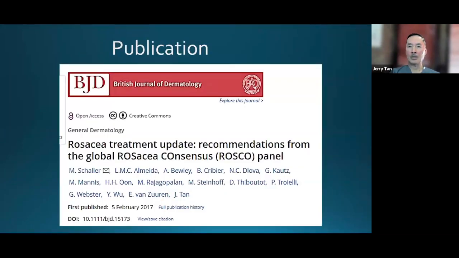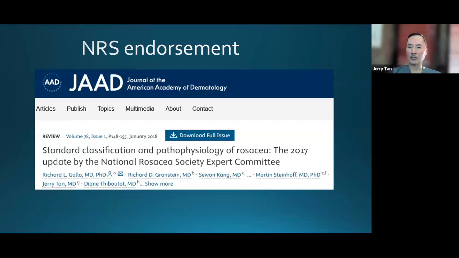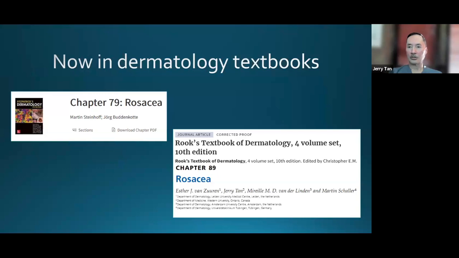This culminated in a publication in the BJD talking about the rosacea recommendations from the consensus panel in terms of diagnosis. And this classification, entitled the phenotype classification, was also endorsed subsequently by the National Rosacea Society. And it is now also in dermatology textbooks, in Fitzpatrick as well as in Rook's.